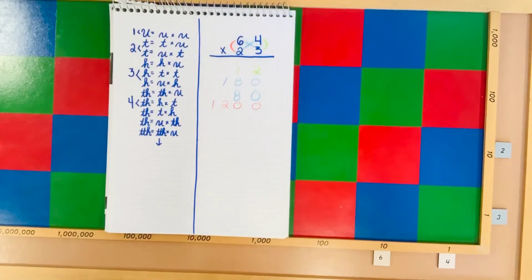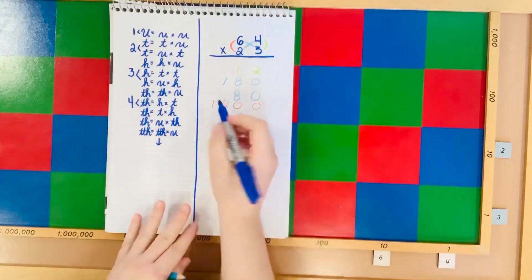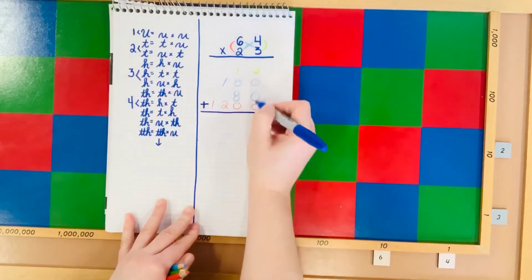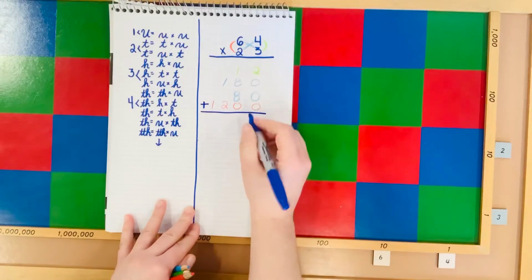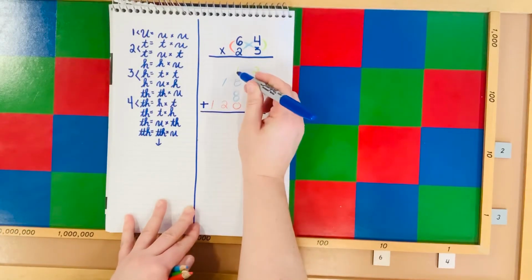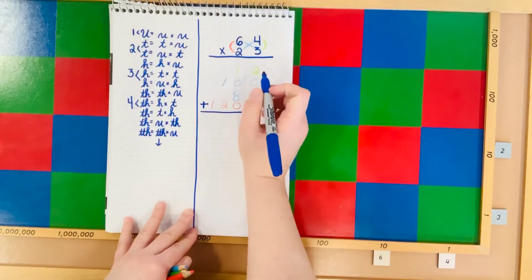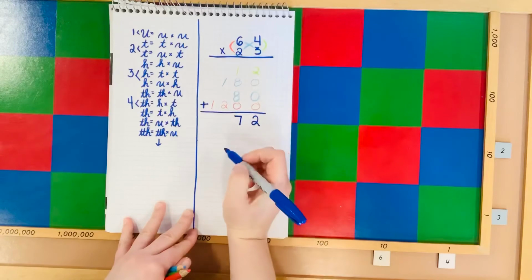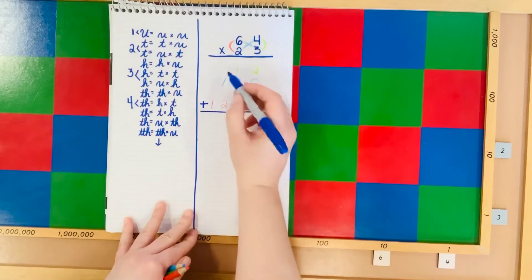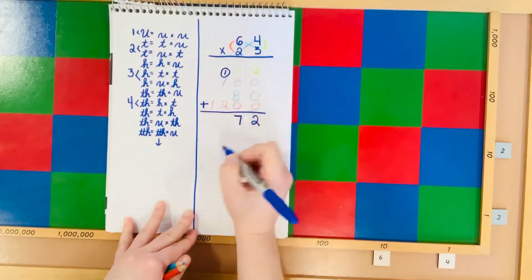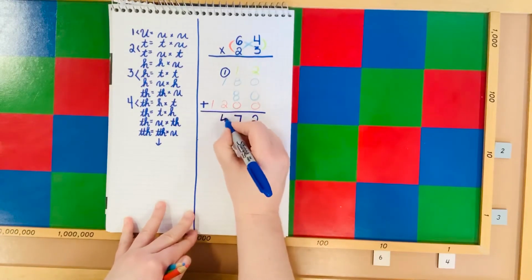So now I'm going to add all of these up. 2 plus 0 plus 0 plus 0 is 2. 8 plus 8 plus 1 is 17. I'm going to remember that I put that 1 up there. 2 plus 1 plus 1, all right, I'll just do it, is 4.